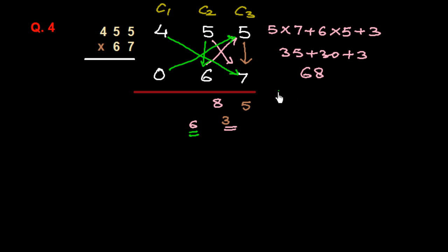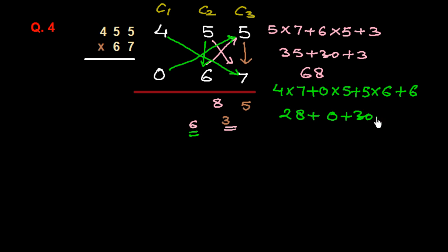Okay, so I am multiplying here 4 into 7 plus 0 into 5 plus 5 into 6 plus 6. 6 is this carried number we are taking as 4 7 times 28, 0 5 times 0, 5 6 times 30 plus 6. So it is 58 plus 6, 64. I write down here 4 and 6 carry.